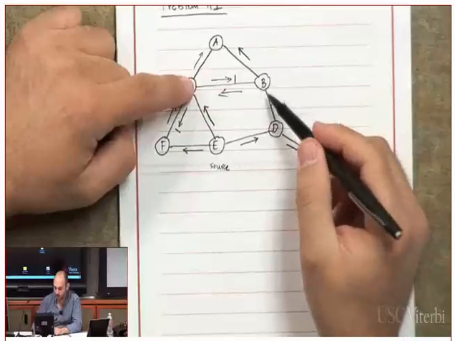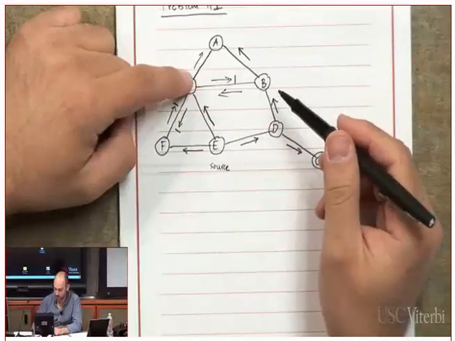Okay. What else do we have here? E to D. E to D, we say that D broadcasts. We covered all the transmissions, I think, right?